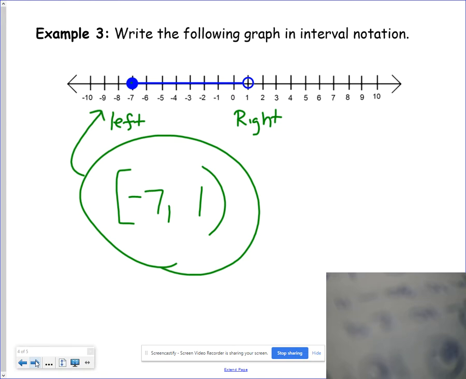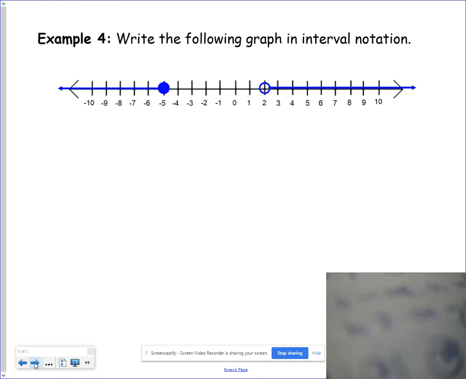All right, last example. Write the following graph in interval notation. Well, we got 2 here. This is actually called a compound one. So there's 2 inequalities, 2 graphs here represented. So let's look at the first graph.